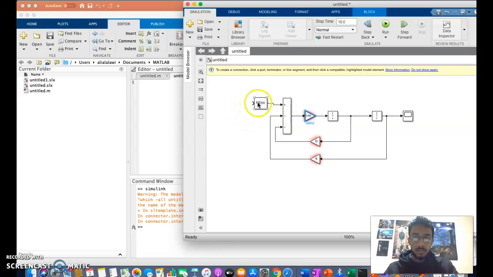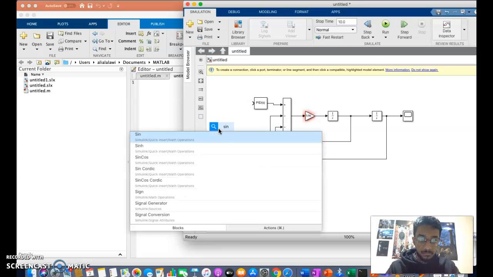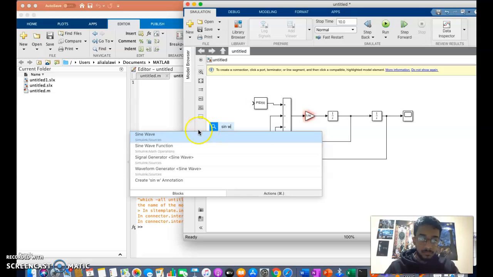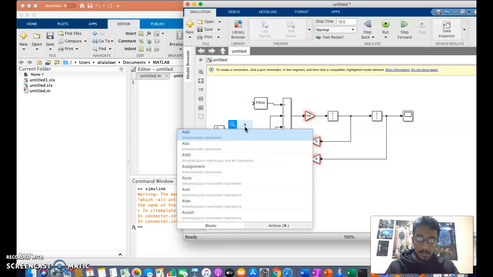As we are asked to represent it for a sine wave, we will write here a sine wave. And as it is a PID controller, we will need the error.